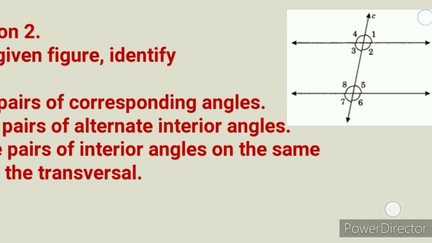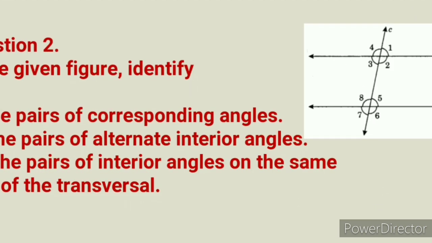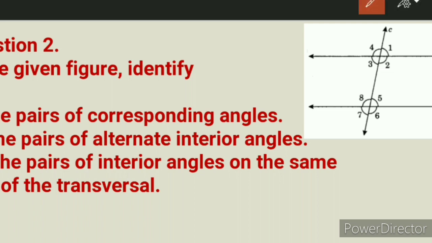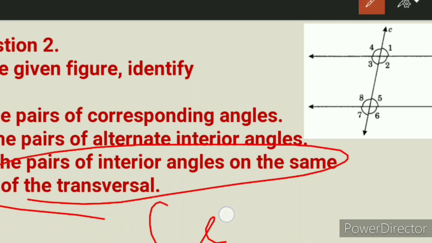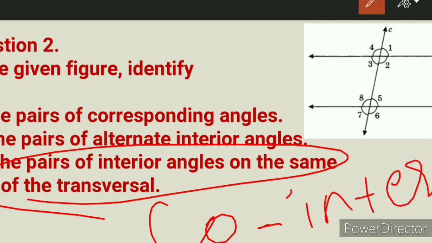In the given figure, identify the pairs of corresponding angles, the pairs of alternate interior angles, and the pairs of interior angles on the same side of the transversal, meaning co-interior angles. Sometimes they will not directly give this name. They will ask like this: the pairs of interior angles.